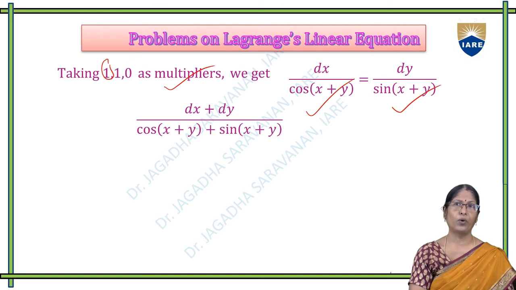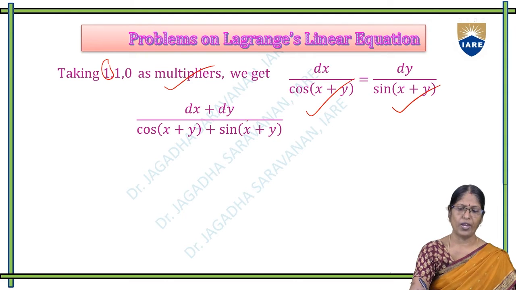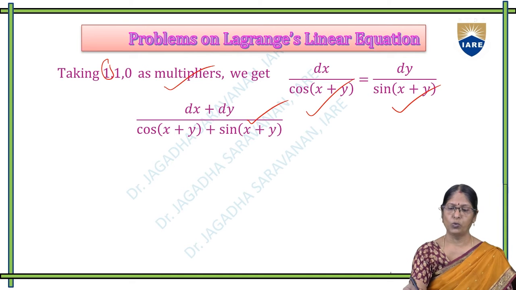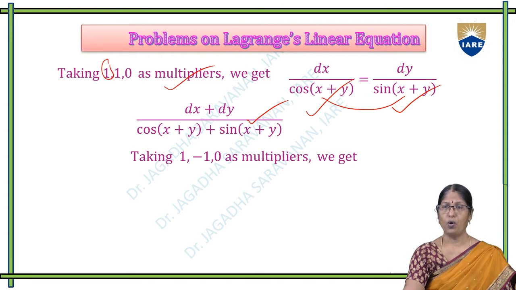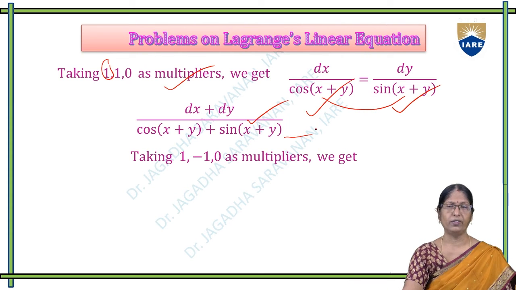So both we are going to add, numerator as well as denominator. So we obtained dx plus dy divided by cos of x plus y plus sine of x plus y. Now this result we are keeping aside.